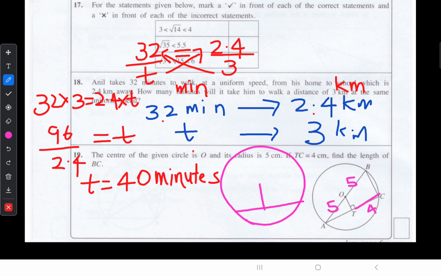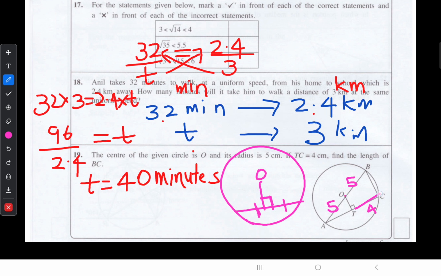When we draw a straight line from the center of the circle to this chord, that line is perpendicular and bisects the total length into two portions. Bisection means splitting into two equal parts.